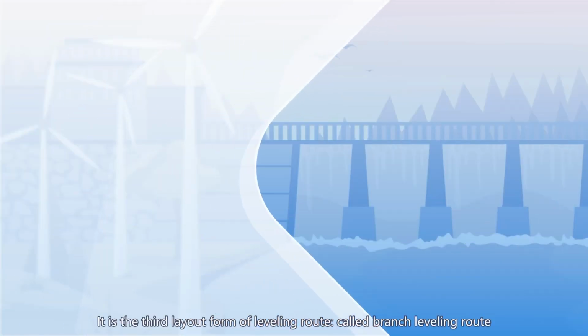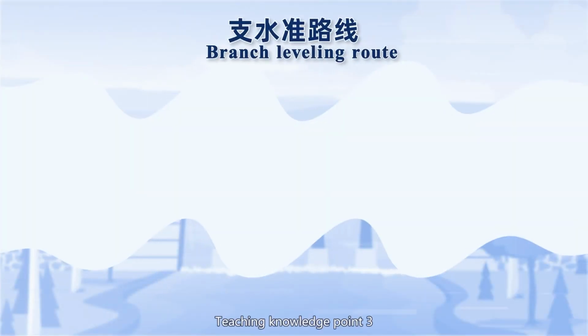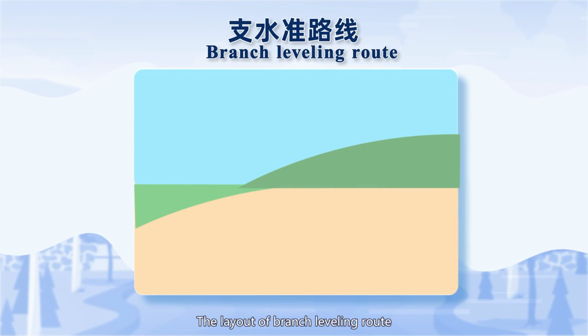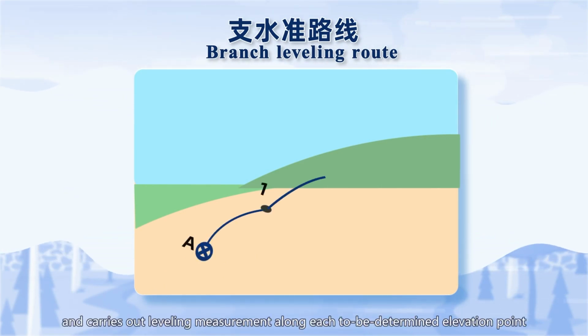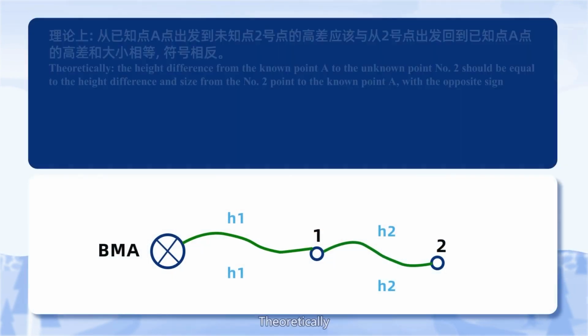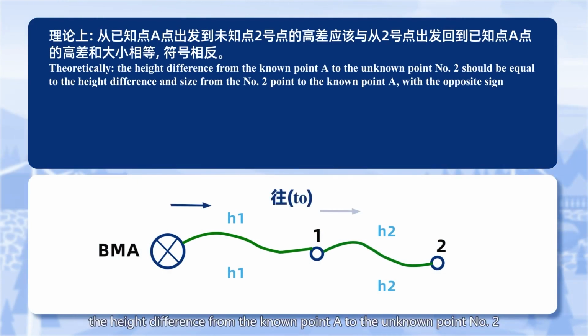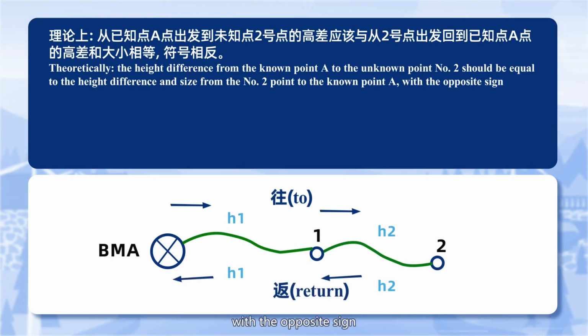Is there a leveling route from a known elevation point that is neither closed nor attached? It is the third layout form of leveling route, called the branch leveling route. Teaching knowledge point 3, the layout of the branch leveling route: it starts from a leveling point and carries out leveling along each to-be-determined elevation point, and the end is still an unknown point. Theoretically, the height difference from known point A to unknown point 2 should be equal in size to the height difference from point 2 back to known point A, with the opposite sign.